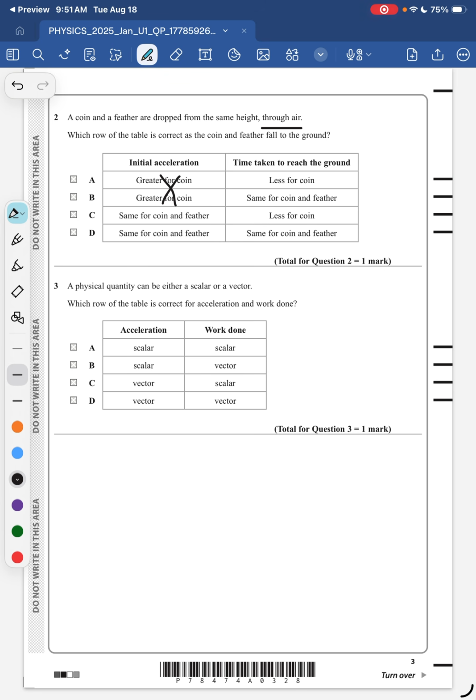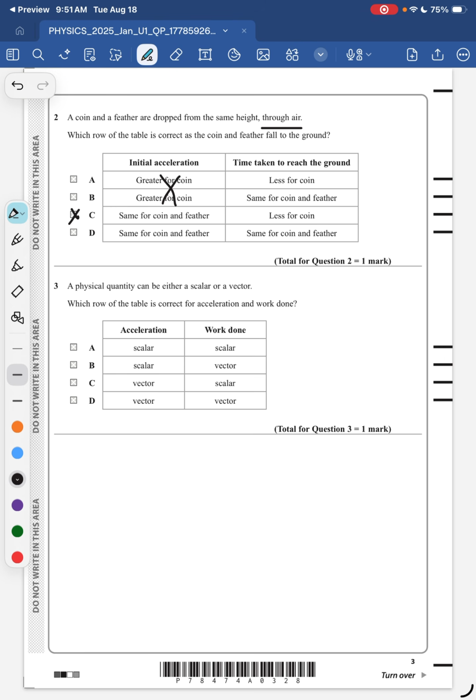And the acceleration is the same because it's g, in the gravitational field of the Earth. And then the time taken to reach the ground will be less for the coin, because the air resistance is almost insignificant for a heavier object like that. So C is the correct answer.